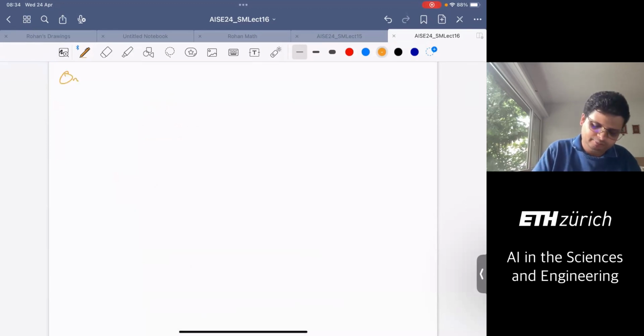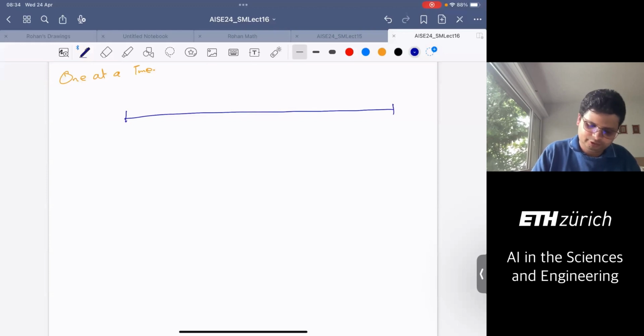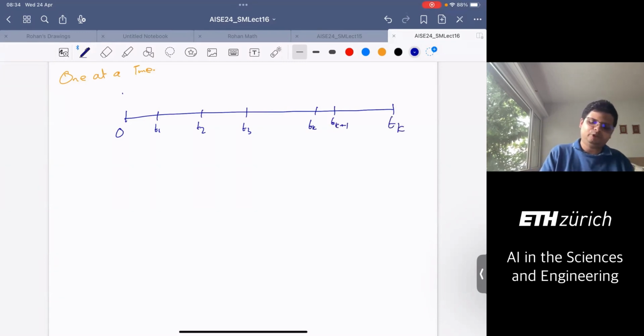So one at a time is the following. Let me draw the picture in the following manner. We have 0, T1, T2, T3, like this up to tk, tk plus 1, up to capital TK. Imagine that at each of these points, you have been given a function, because that's what we have, not a single vector or a single value, but a whole function.